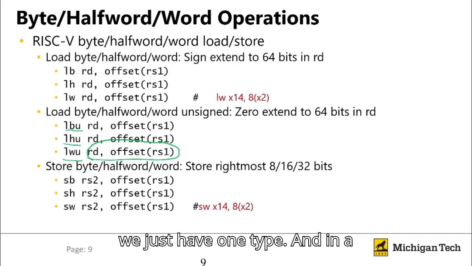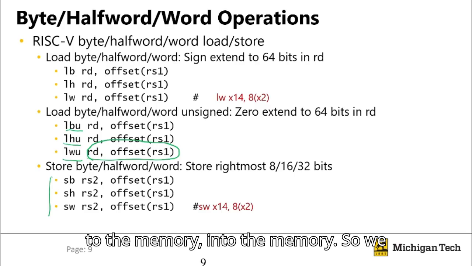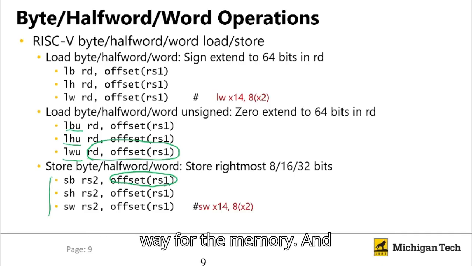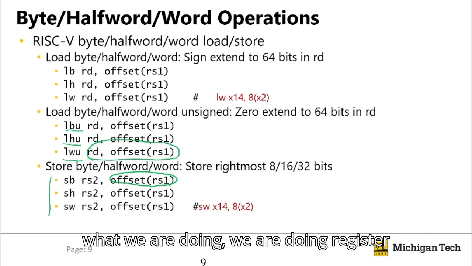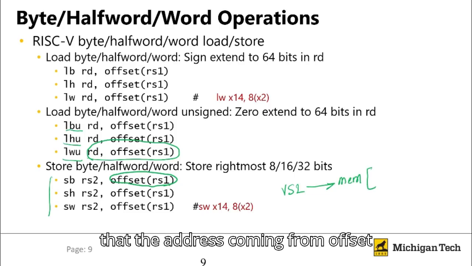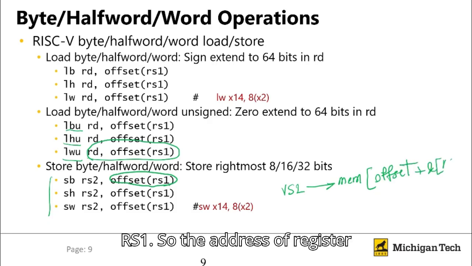For store, we just have one type, and in a store we are storing to the memory, into the memory. So we find the address the same way; addressing is the same for the memory. And what we are doing is, from the source register, we put that in the memory where the address comes from the offset plus the address in RS1.